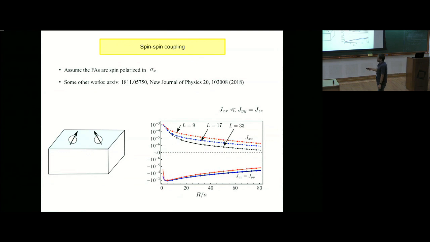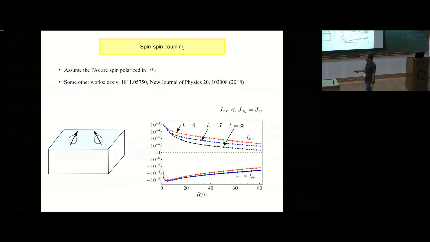Whatever jxx is remaining, the contribution can come from two sources. The Fermi arcs are not going to give any jxx; they are polarized in the x direction. So jxx can come either from the bulk states, or from the other Fermi arc, which is there on the opposite surface. Okay. So it's a similar feature to what you saw, that something can go and come back only through the other surface.